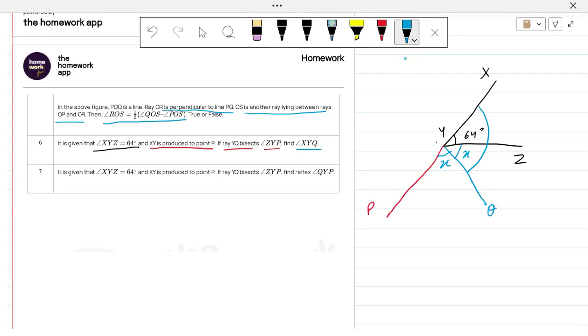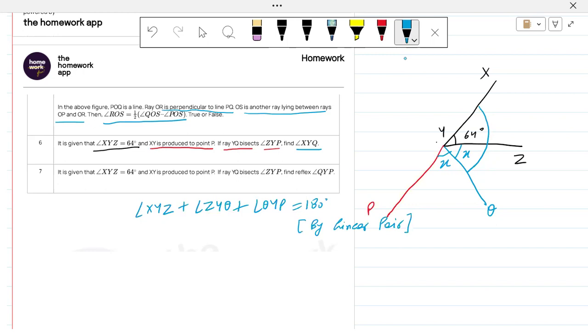That means angle XYZ plus angle ZYQ plus angle QYP is equal to 180 degrees. Why is it 180 degrees? By linear pair.